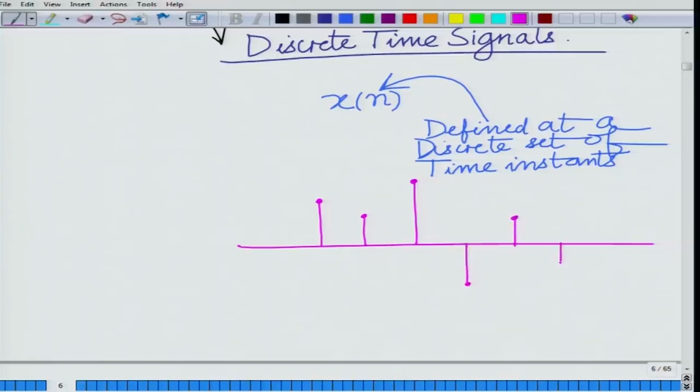Time instants can either be positive or they can also be negative. For instance, you have time 0, time 1, 2, 3, 4, -1, -2.